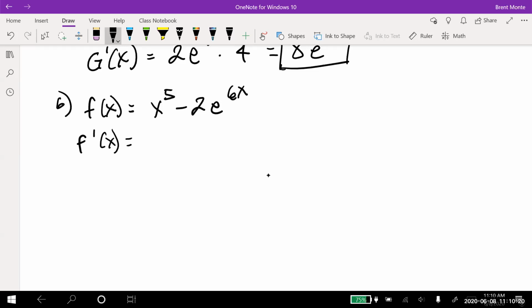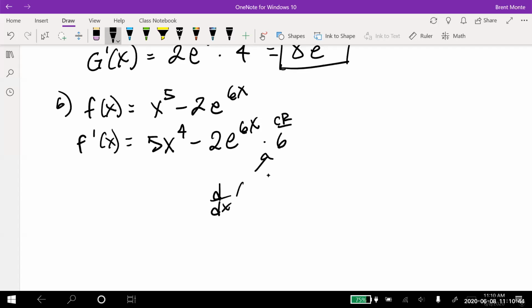That's a power function. The derivative of x to the 5th, just as we've done before, is 5x to the 4th. Bring the exponent down, drop the exponent by 1. But e to the 6x, we're not going to drop that by 1. We get back all that 2e to the 6x. But then times 6 for the chain rule. Again, remember that was the derivative with respect to x of the 6x. That's where that 6 came from.